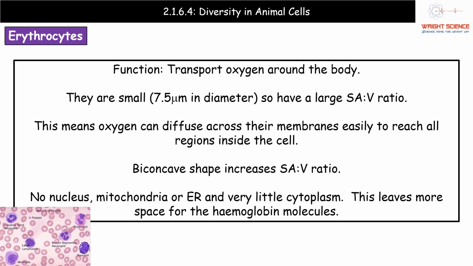And the reason that we've done away with all of those different organelles is that we've got more space for hemoglobin. And hopefully we remember from earlier bits on proteins that hemoglobin is that protein molecule which is going to transport the oxygen.